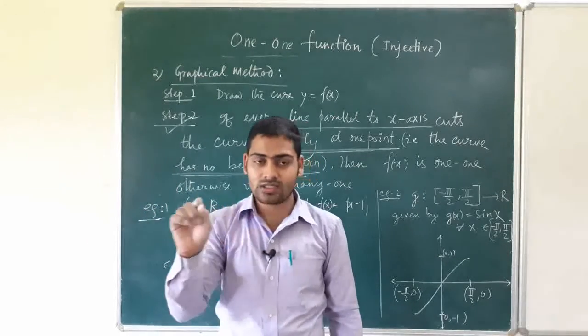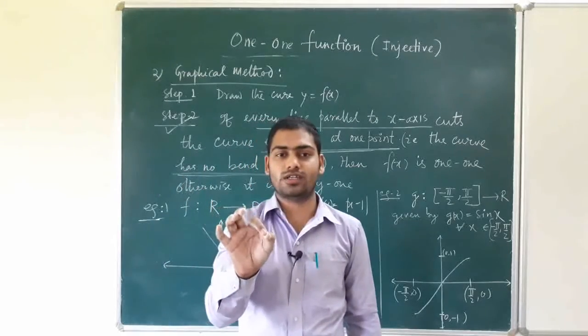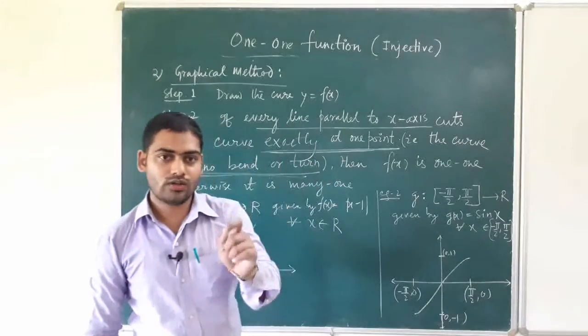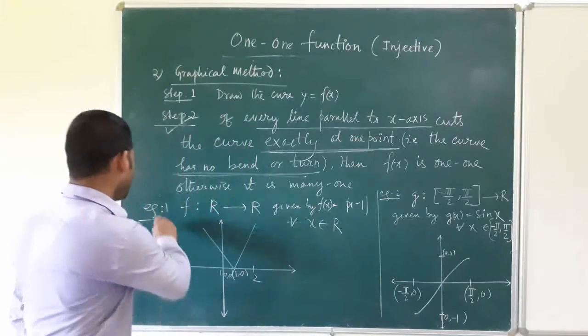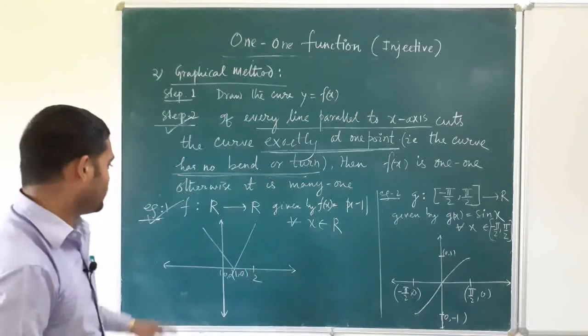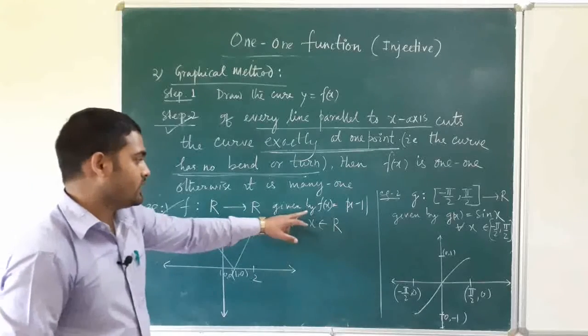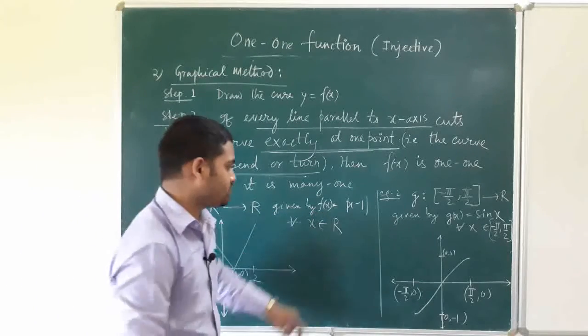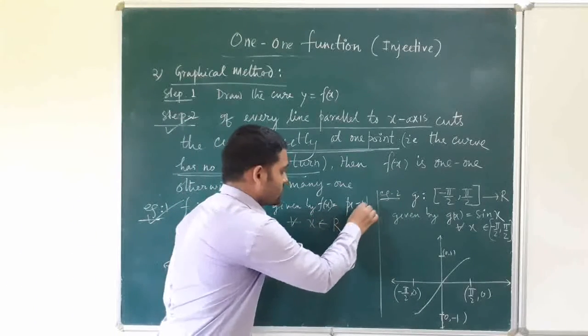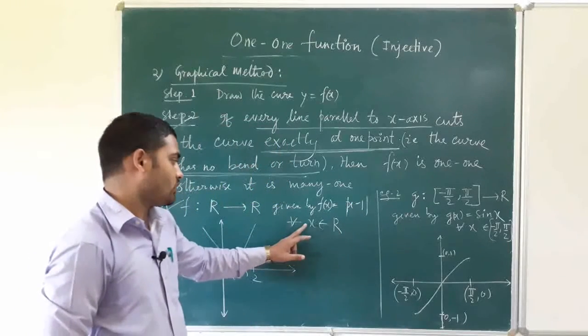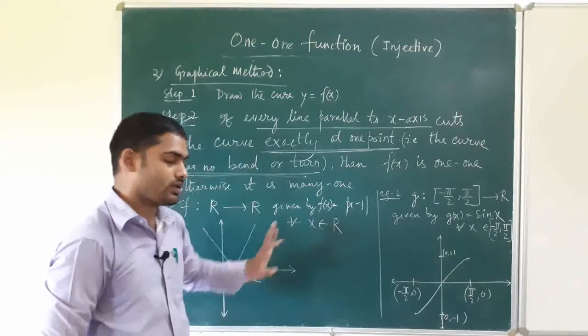If it cuts exactly at one point, then it is called a 1-1 function. So here example 1, a function mapping from R to R given by f of x is equal to modulus of x minus 1, for all values of x belonging to R.